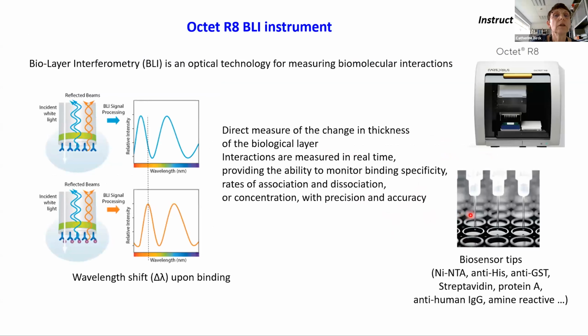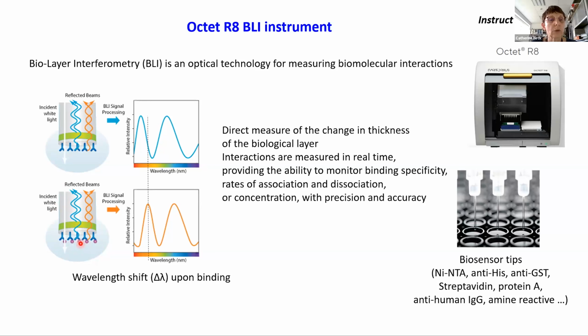So the second method is BLI, biolayer interferometry, which is an optical technology for measuring biomolecular interaction. First, you will need to bind one partner to a biosensor, at the surface of the biosensor, and then you will dip this biosensor in a solution with the second partner.